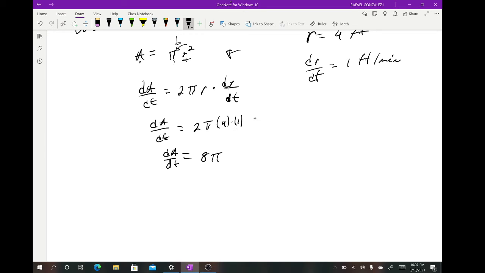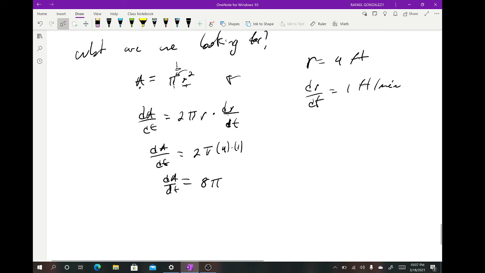You should always put the units. Right now I'm avoiding the units here because I want us to focus simply on the derivations. When you're doing these computations, you have to take into account that you are using these units. So I should have really written 4 feet times 1 feet per minute times 2 pi, but forgive me, I don't want to write all these things.